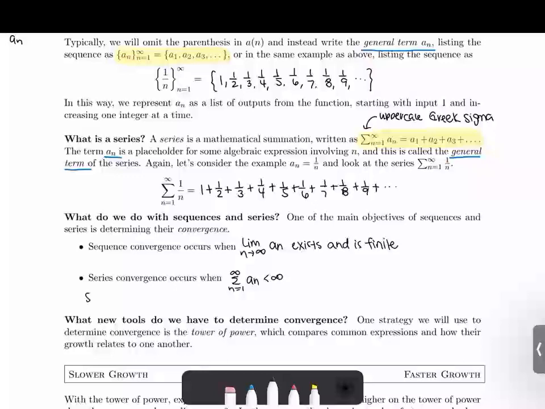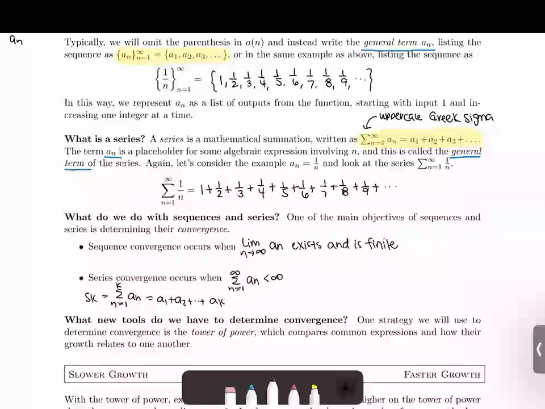So we're going to have S_k be that same summation starting at n equals 1. However, instead of going all the way up to infinity, we're just going to go part of the way, up to k. And so this is going to be a1 plus a2 all the way up to ak. But we're going to stop there.